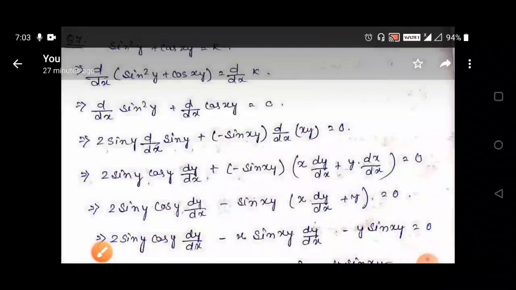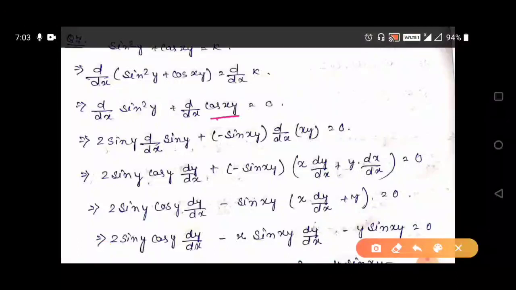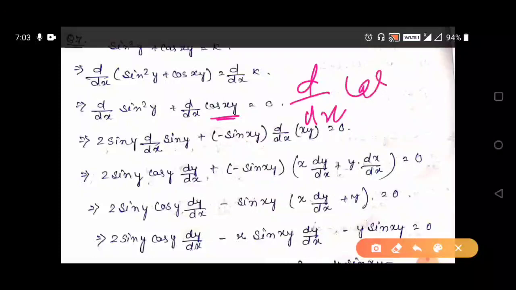Now for this one, we have to first use the formula of d dx of cos x. So it will become minus sin xy. Now we have to differentiate xy again.